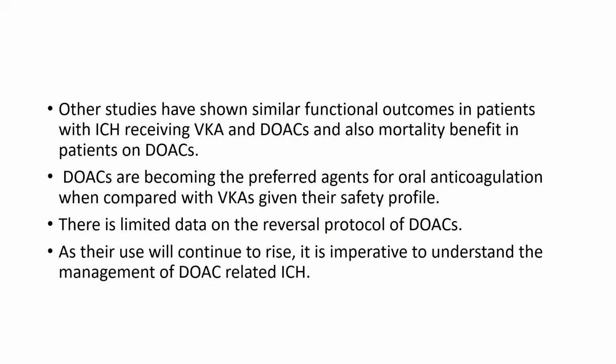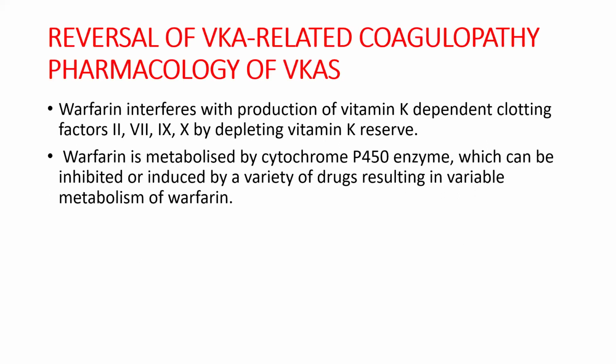Other studies have shown similar functional outcomes in patients with ICH receiving vitamin K antagonists and direct oral anticoagulants, and also a mortality benefit in patients on direct oral anticoagulants. So direct oral anticoagulants are becoming the preferred agents for oral anticoagulation when compared with vitamin K antagonists, given their safety profile. There is limited data on reversal protocols for direct oral anticoagulants, and as their use will continue to rise, it is imperative to understand the management of direct oral anticoagulant related ICH.